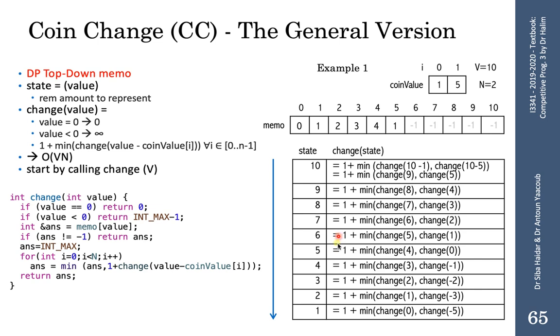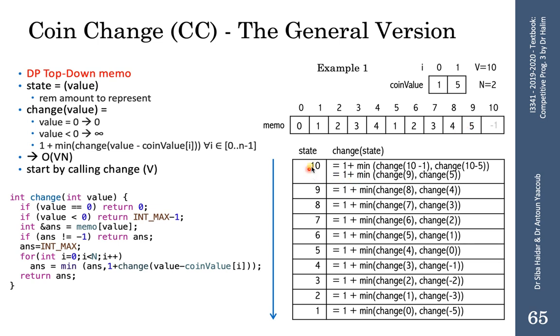And this is how change of 6 and memo of 6 will become 2, and then of 7 will become 3, because from 5 and up we are going now 1 unit further, bigger, and then change of 8, and I reach change of 9, which is 5.